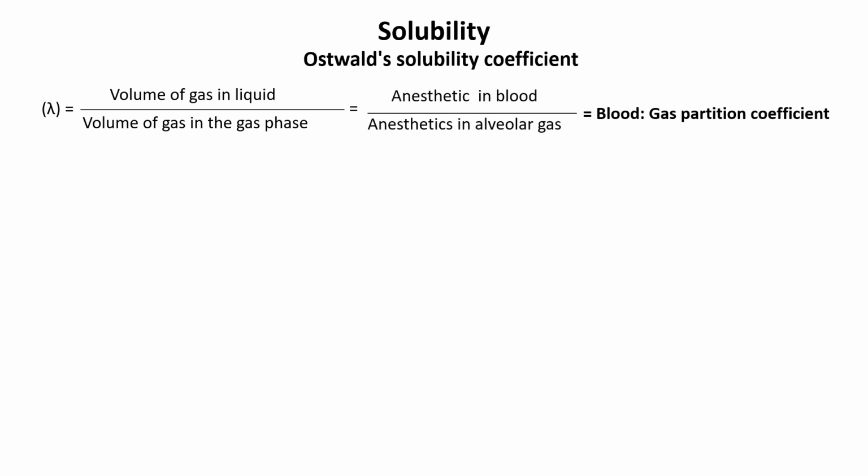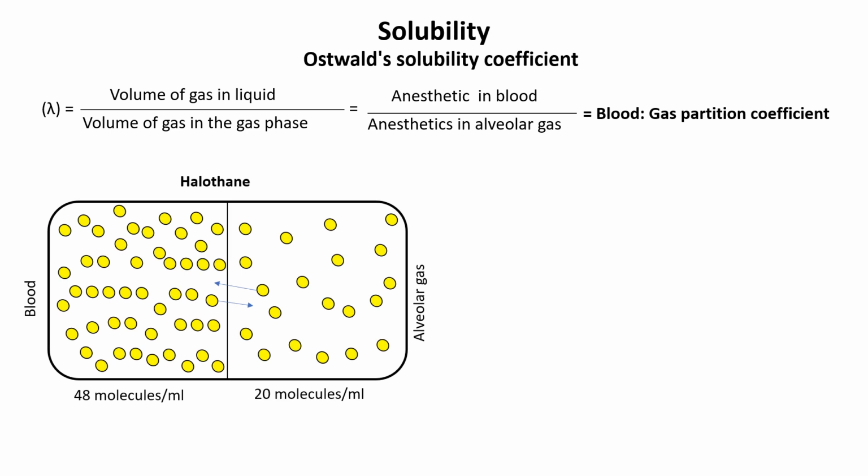Let's take an example of halothane. At equilibrium, when there is no net diffusion of halothane molecules between alveolar gas and the blood, a higher concentration of halothane remains dissolved in blood compared to the alveolar gas. So the blood-gas partition coefficient of halothane is high, 2.4 to be more precise.